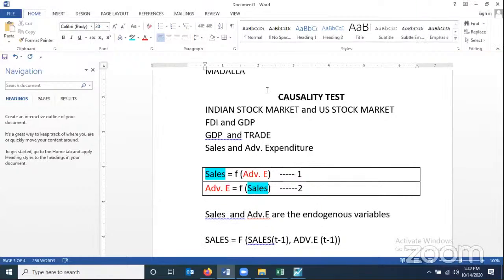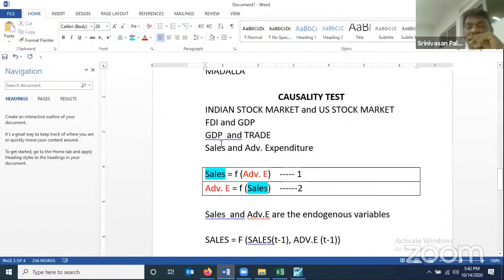If time permits, I will complete that. Here I am purely talking about endogenous variables. Sales and advertisement are the endogenous variables. So sales is influenced by its own value and also the other endogenous variable.